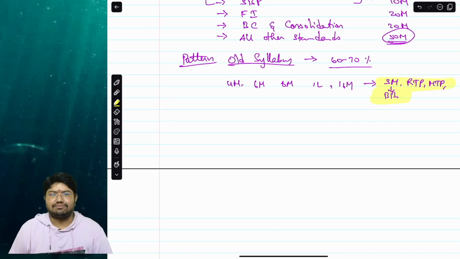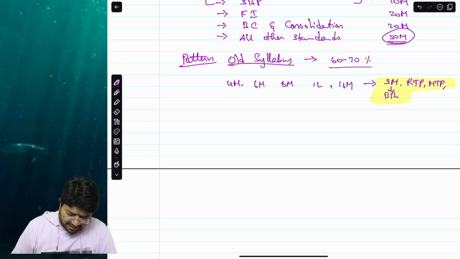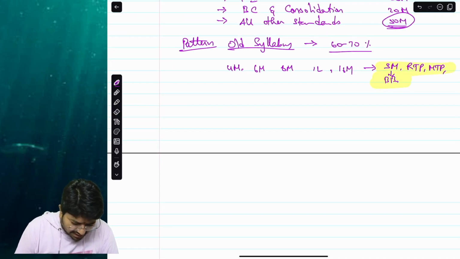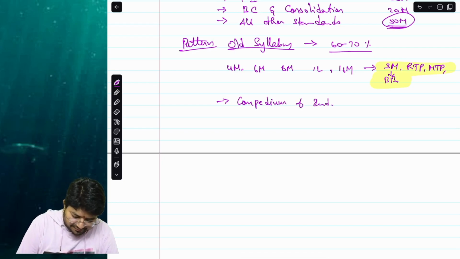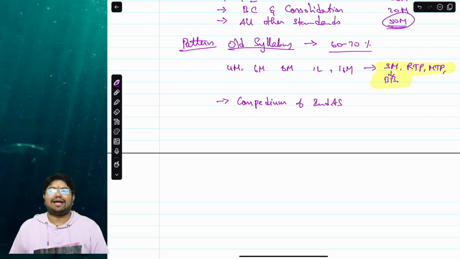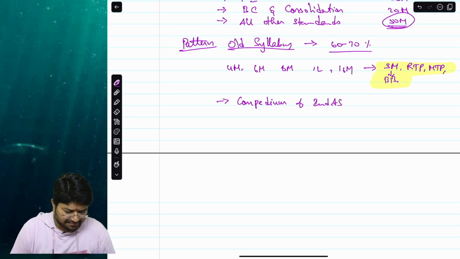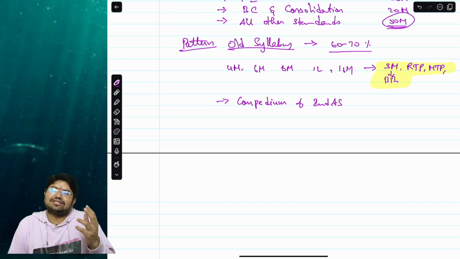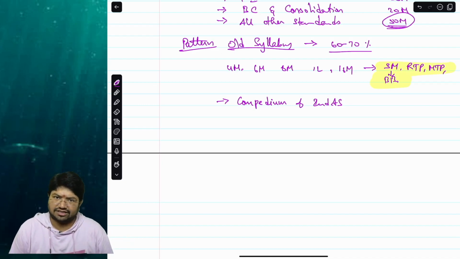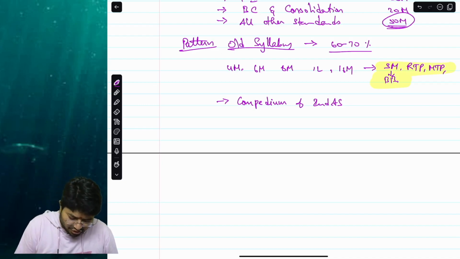I would also be taking you through the compendium of Ind AS, which is given out by the MCA, Ministry of Corporate Affairs. This will give you details of what all notifications MCA has come up with on Ind AS. We will be covering those.